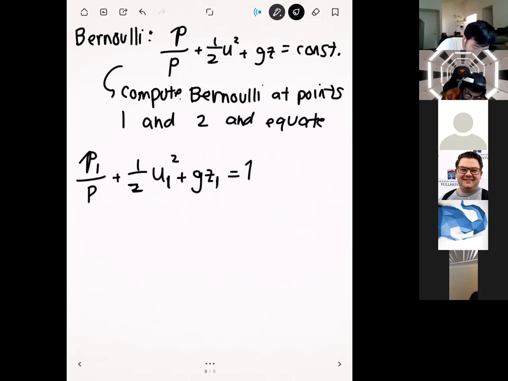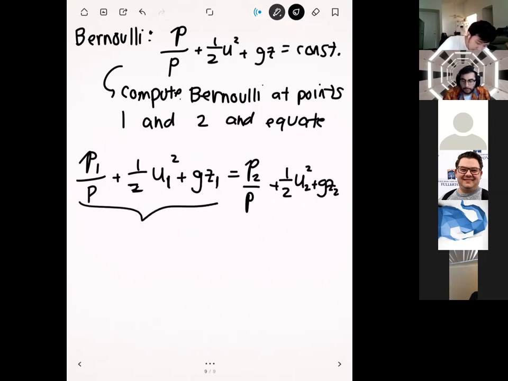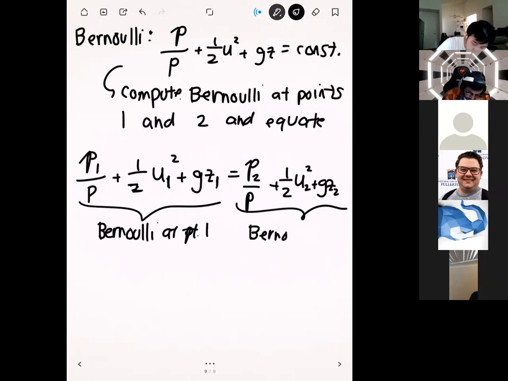And this has to equal the same conditions at point 2: P2 divided by rho, plus 1/2 U2 squared plus g Z2. So this is Bernoulli at point 1, and this right here is Bernoulli at point 2.